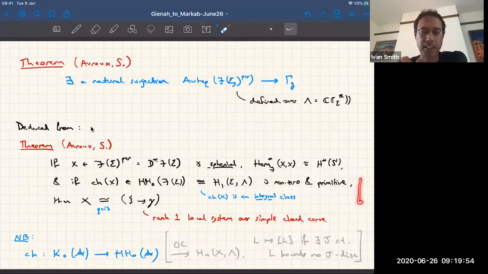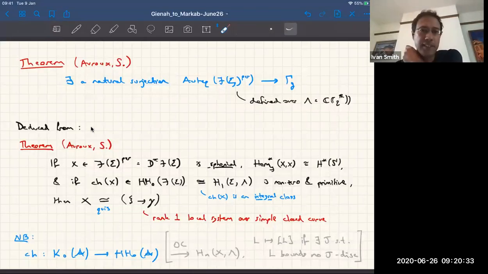So it makes sense to ask if it's primitive as well as non-zero. So let's suppose we have a spherical object with non-zero primitive Chern character. And then the conclusion is that this is what you would always want a spherical object to be. It's a rank 1 local system over a simple closed curve, that simple closed curve necessarily representing a non-trivial homology class.